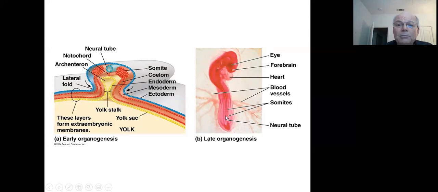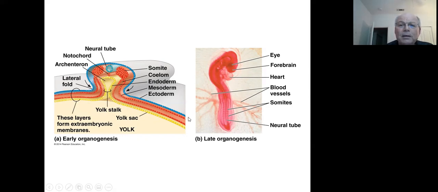I could look it up, but this is going to be around 96 hours post-fertilization. And you can see that it's already pretty well developed. You can see the neural tube. You can see the somites. It's got an eye. The brain is starting to develop. It's got a functional heart. Here are the blood vessels coming in from the yolk to mobilize the yolk products into the embryo to support its growth.